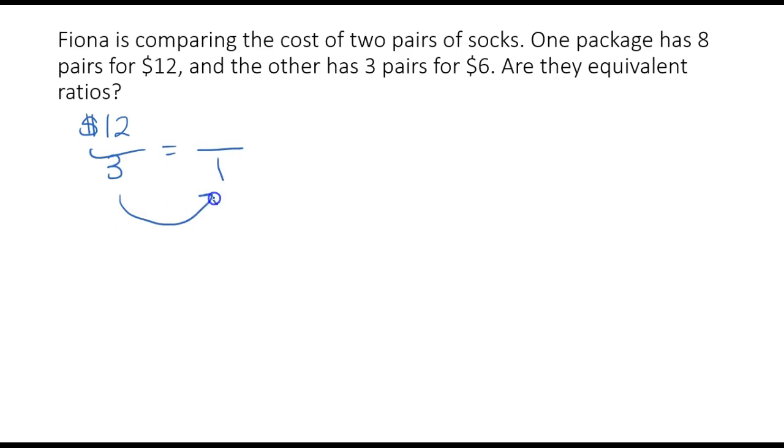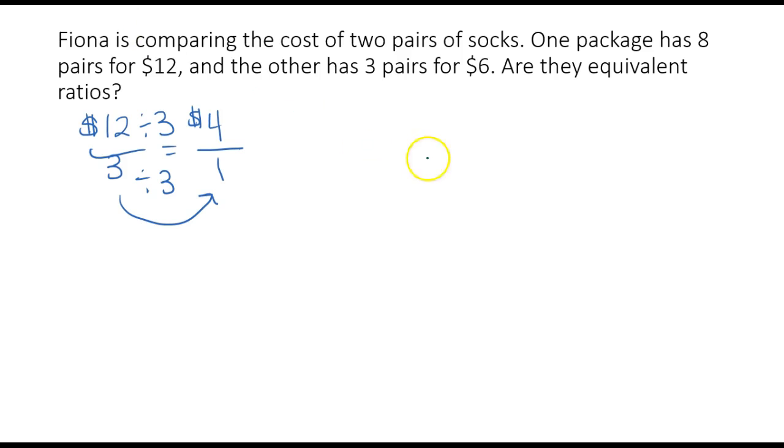So we're going to keep it with that $12 for 3 pairs over 1, divide it by 3. And one of the reasons we do this is to show our work. Because you guys all have calculators that very nicely do this for you, but we have to show how we're doing this. How would we do this if we didn't have those types of calculators? So divide by 3, and we get $4 for each pair.